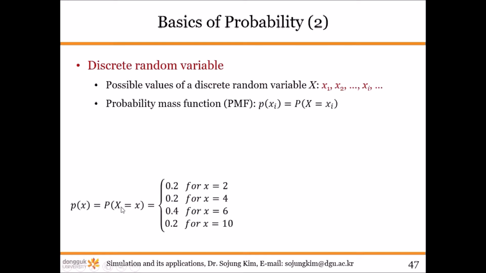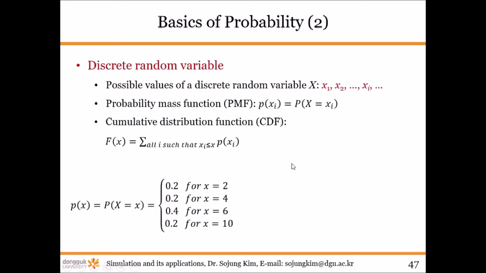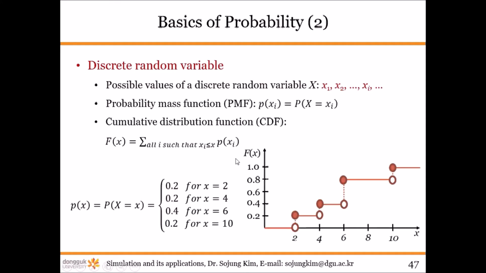So if this random variable x equals 2, then definitely the probability will be 0.2, okay? And in order to illustrate this distribution, we widely use cumulative distribution functions, such as the CDF, and a continuous random variable also uses a CDF, but the shape is slightly different.